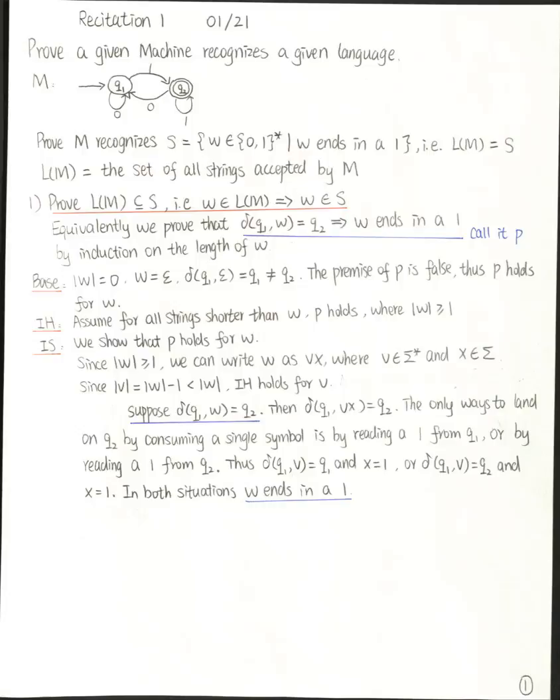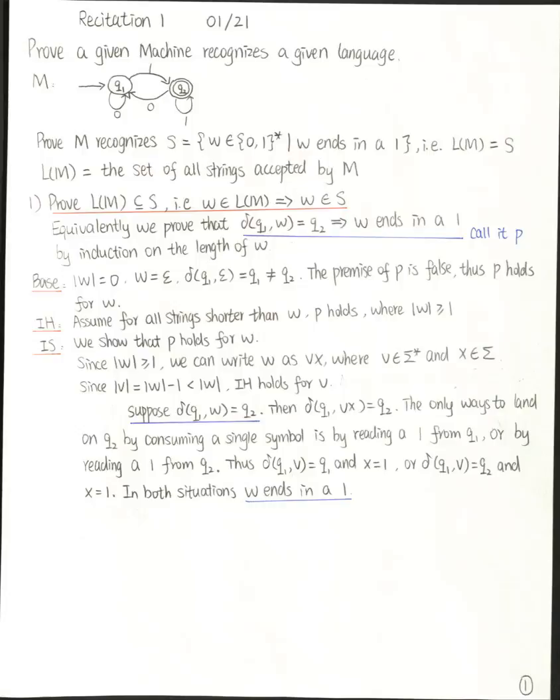Now my goal is to prove that if I start from Q1, reading a string W ending in Q2, then this W should end in a 1. That's my goal. So we start with the if part, the premise. If the premise is true, I want to prove the conclusion is also true.